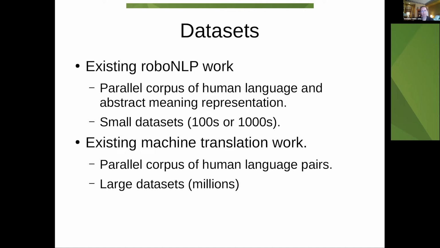If you compare this to existing work in NLP and machine translation, where you're looking at parallel corpora of human language pairs, there are really, really large data sets, to the tune of millions of sentences pairing two different human languages. The problem is that we're never going to get to that scale of data in the robot setting because people don't know how to speak robot-ese.